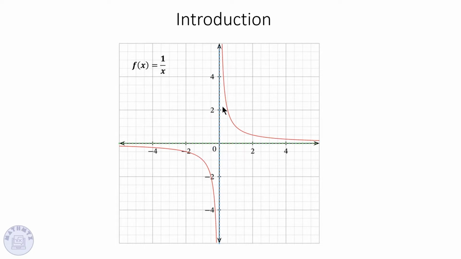And similarly here, we have a vertical asymptote where, as values of x approach 0, the y values will be approaching infinity or negative infinity. All right, so let's study this function to learn more. This function is a rational expression.